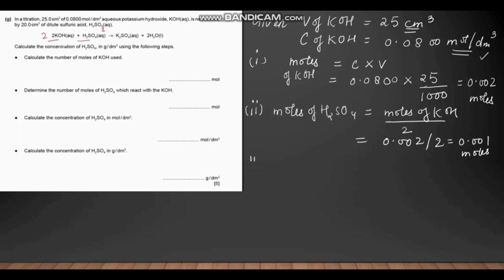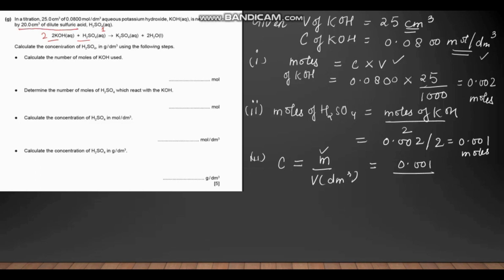The third part of the question, calculate the concentration of H2SO4 in moles per decimeter cube. Concentration, again we will be using the same formula. Concentration equals moles upon volume, where volume should be in decimeter cube. We have the moles of H2SO4, 0.001, upon volume of H2SO4, which is already given in your question, that is 20 centimeter cube of dilute sulfuric acid.